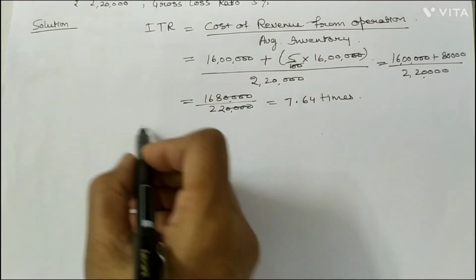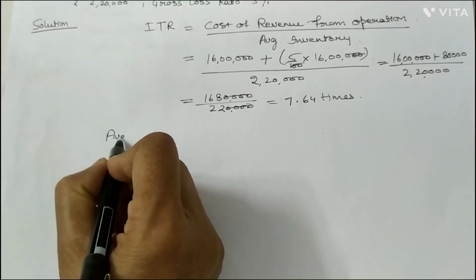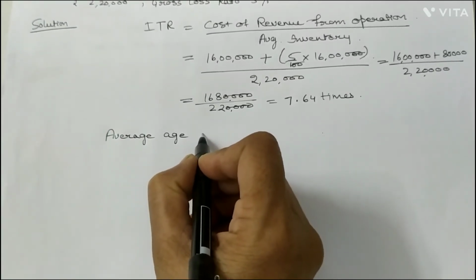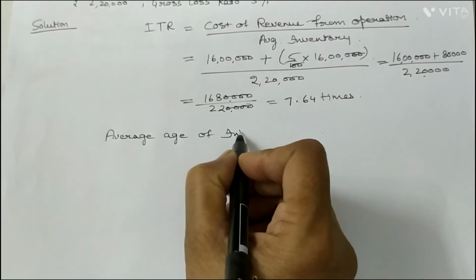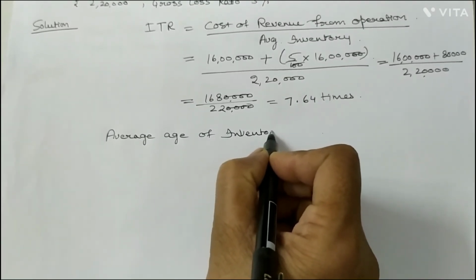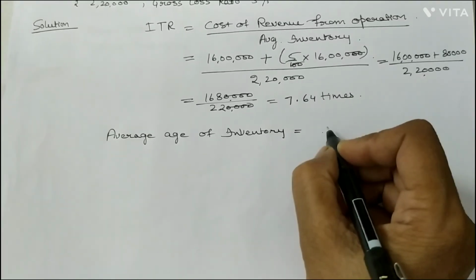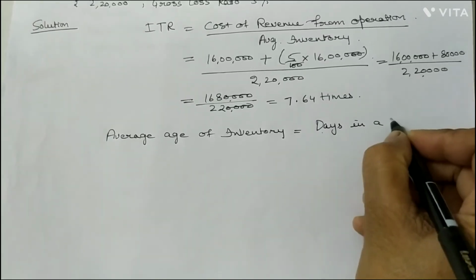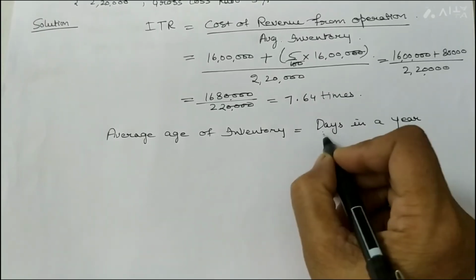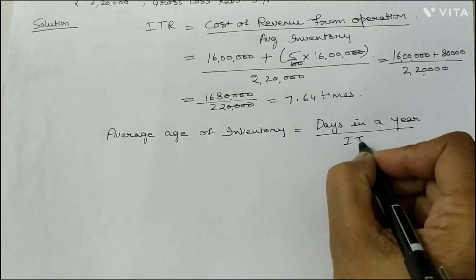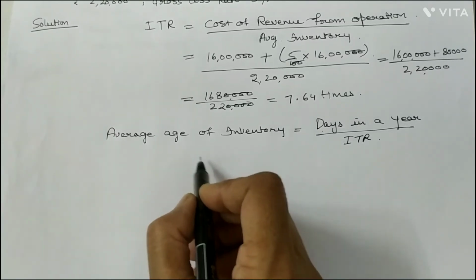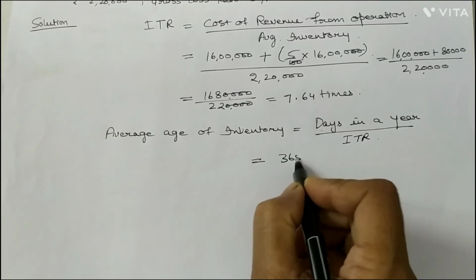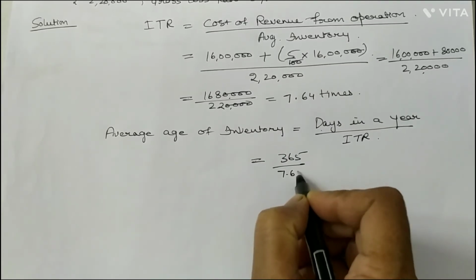If you want to find out average age of inventory in this question, average age of inventory is equal to days in a year divided by ITR. This is also known as holding period. The days in a year is 365 divided by 7.64.